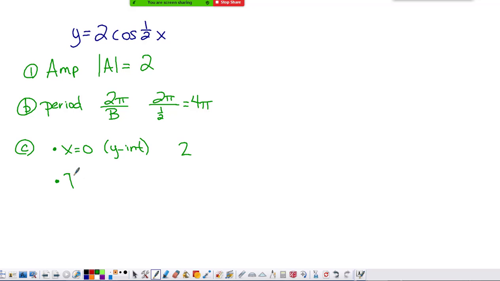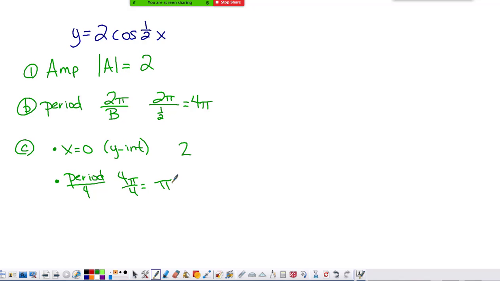And then we take our period and divide it by 4 to get our other points. 4 pi divided by 4 is going to give us pi.